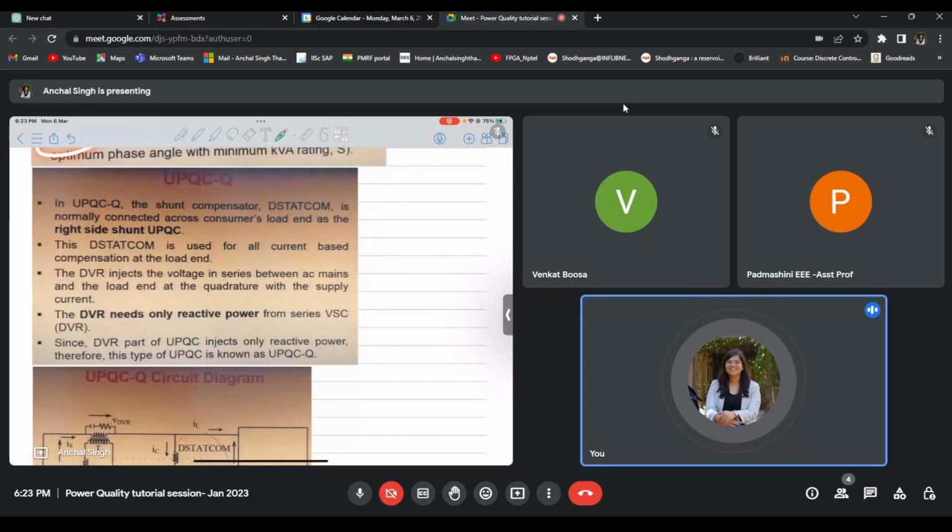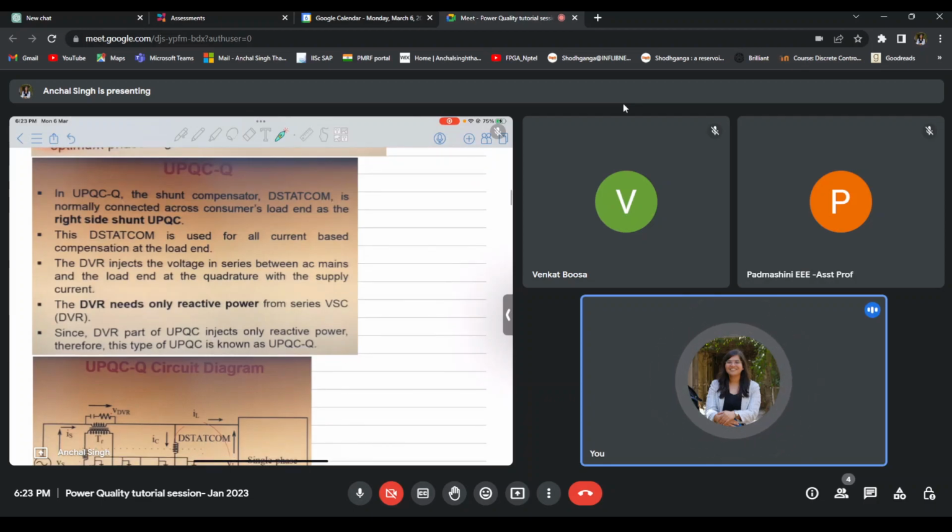Now let us discuss UPQC-Q in a bit more detail. In UPQC-Q, the shunt compensator is normally connected across the consumer load, and it will mostly be a right side shunt UPQC as we just discussed. And this D-STATCOM is used for all current based power quality problems, and the DVR is used for all voltage based power quality problems.